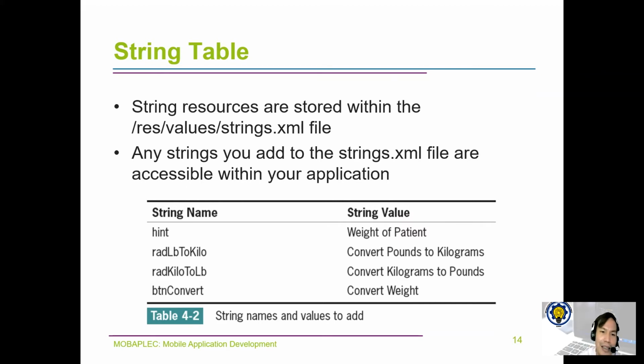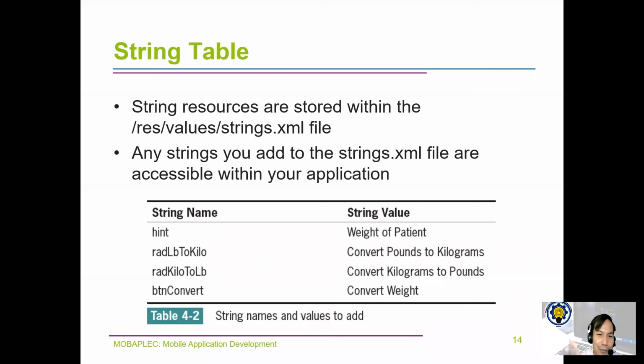So what are those string names? Again, we have hint. Just to recap, when you say hint, those are the highlighted gray color, which is actually your mask, in order for you to come up with the weight of the patient.